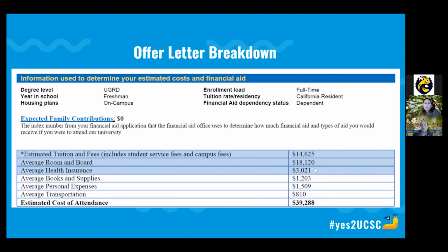And then you would receive what we call a refund, either via check or direct deposit. And you would be responsible to use that refund to cover these other costs that you incur, however you incur them. So if you get that financial aid refund, it's important to make sure that you're budgeting it to cover the things that you need it to cover.